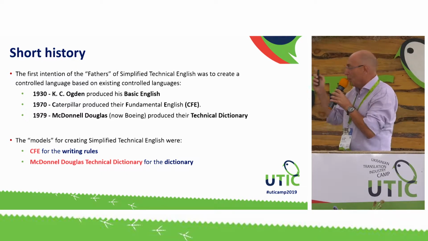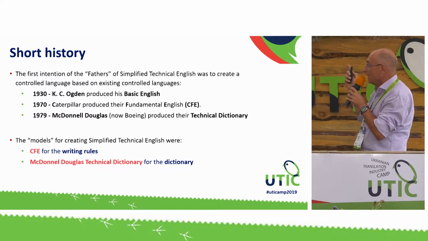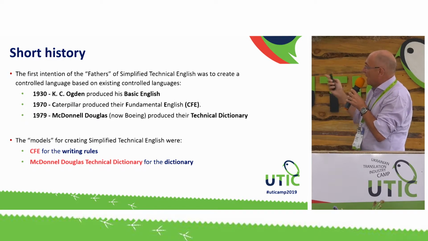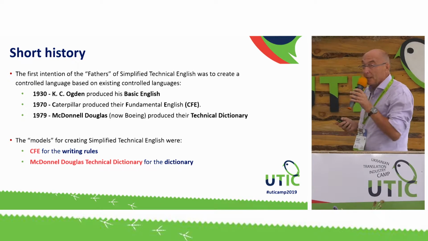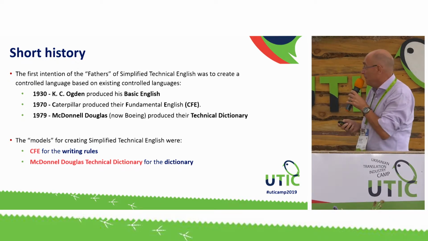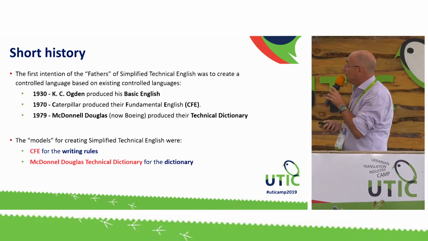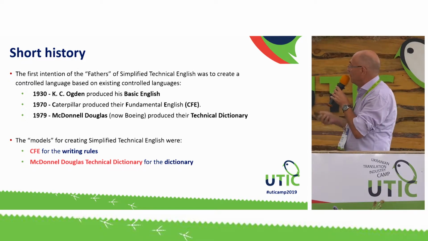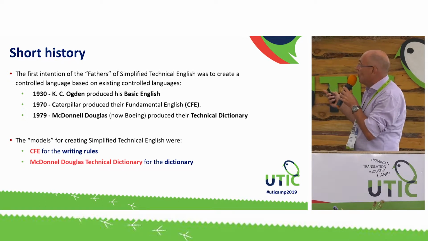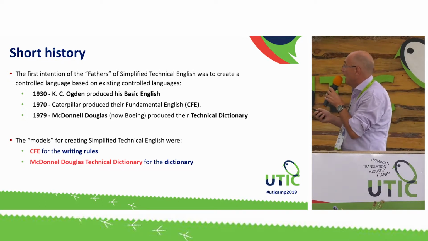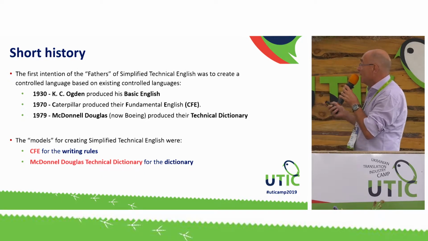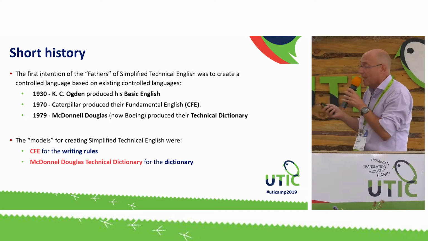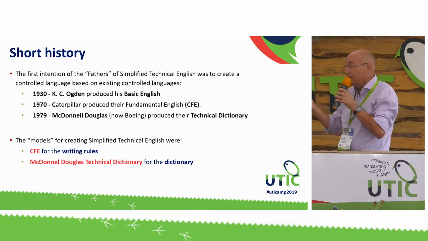But two other documents played a key role. One was the Caterpillar Fundamental English, CFE, produced by Caterpillar to do maintenance on their products. The second one was the McDonnell Douglas Technical Dictionary, already used in aviation in 1979. McDonnell Douglas is now Boeing.